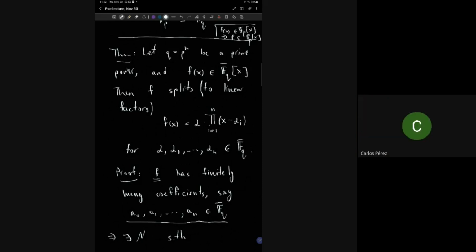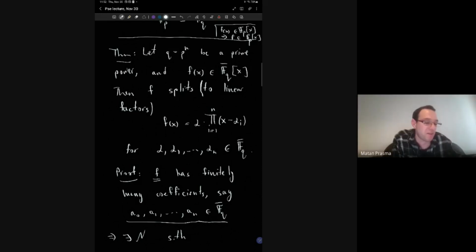Because F_p is a subfield of F_p bar. If I have a polynomial over a small field, I can think of it as a polynomial over a big field. But in the case of F_q bar, I can also go in the other direction. How do I go in the other direction?